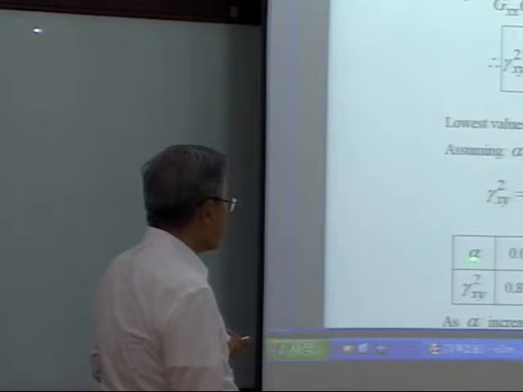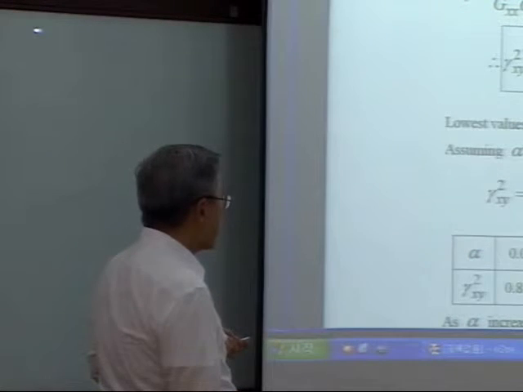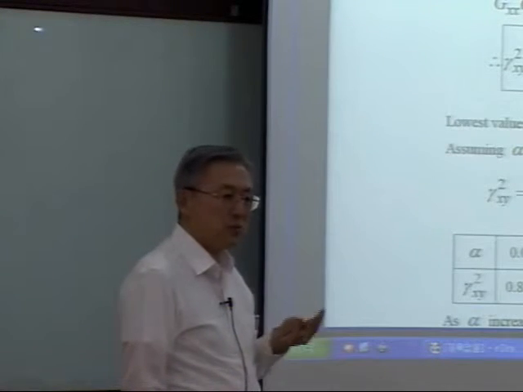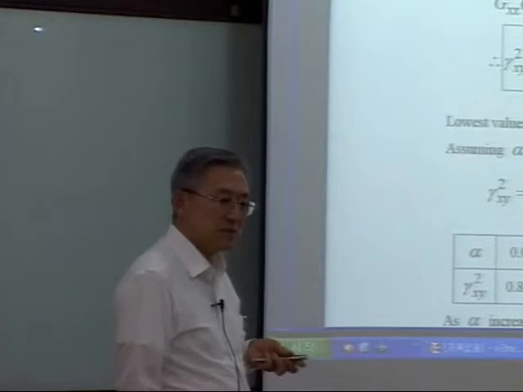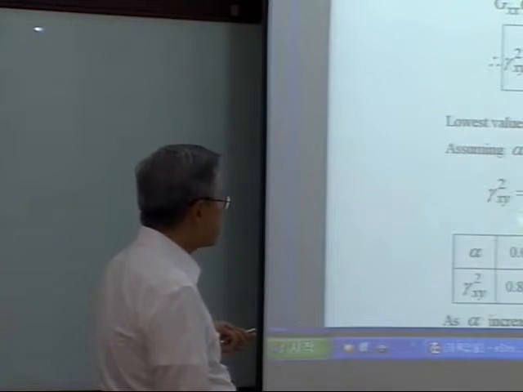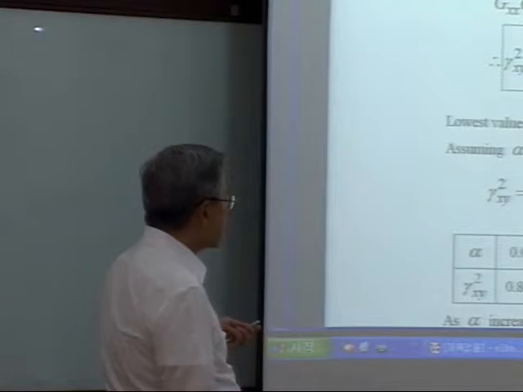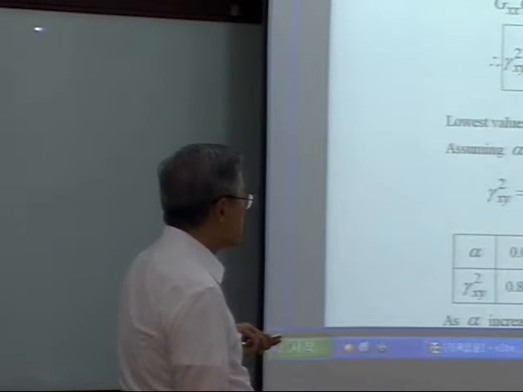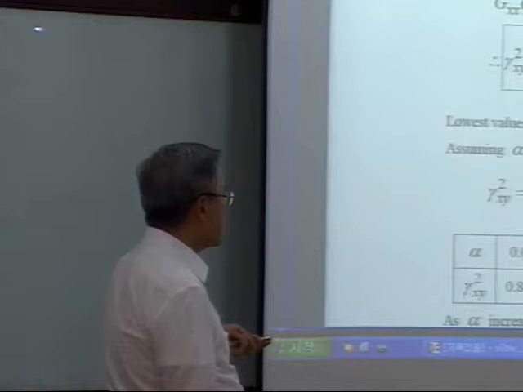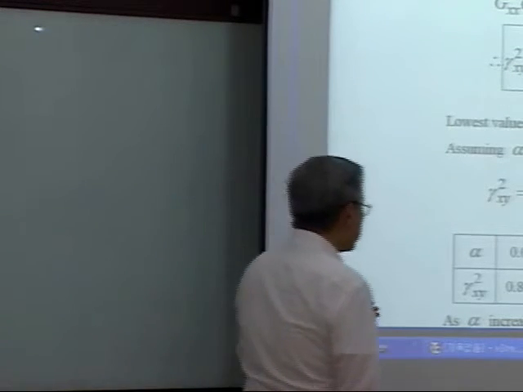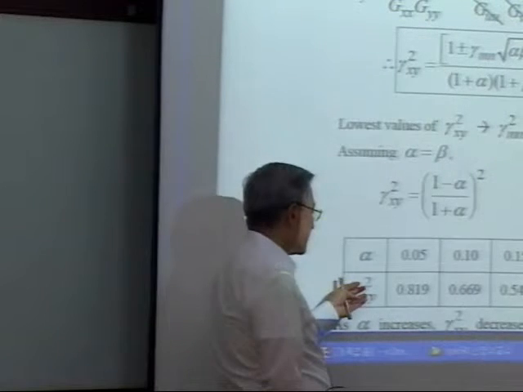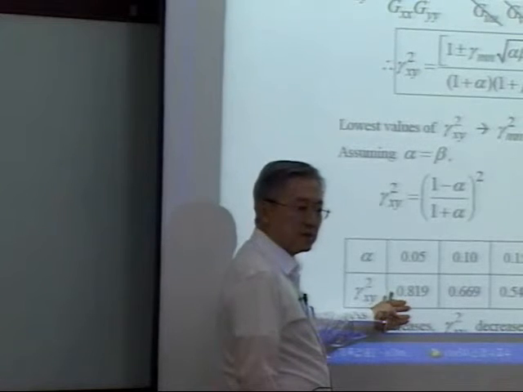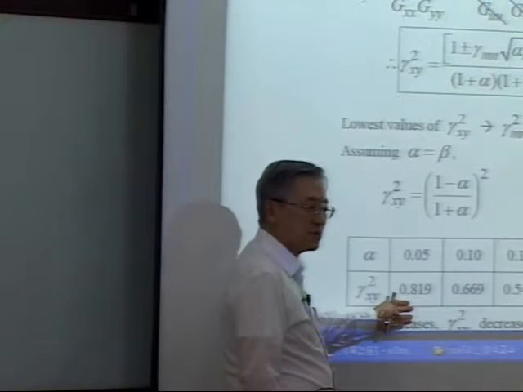Then we assume alpha is 0.05. What does 0.05 mean? The input and output noise is 5%. So here 5%, 10%, because we assume alpha is equal to beta here, then 15, 20, 25%. Of course, at the beginning when the noise is very small, you expect a higher coherence function.